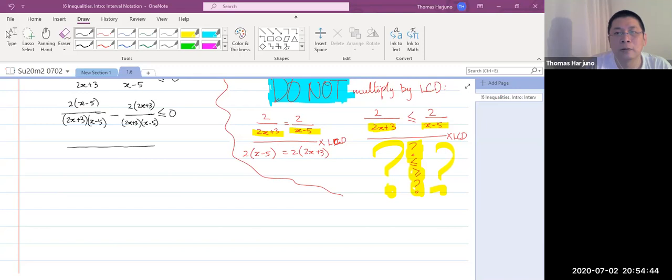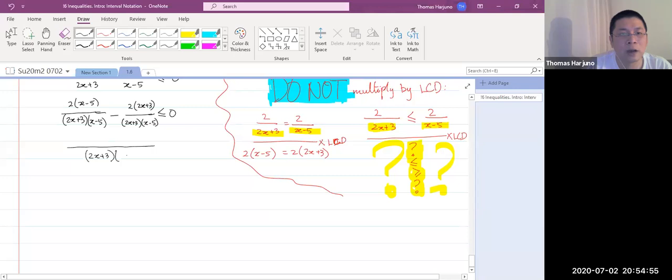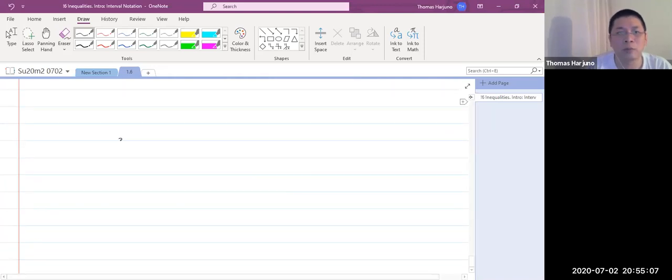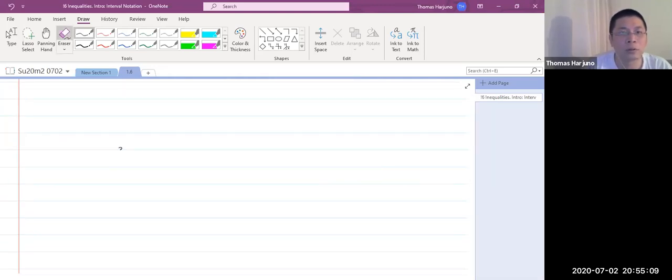Give me a second. Okay, so the denominator will be 2x plus 3 times x minus 5. The numerator, I will have 2x minus 10 minus 4x. What happened? I'm sorry. Something not right with my computer.